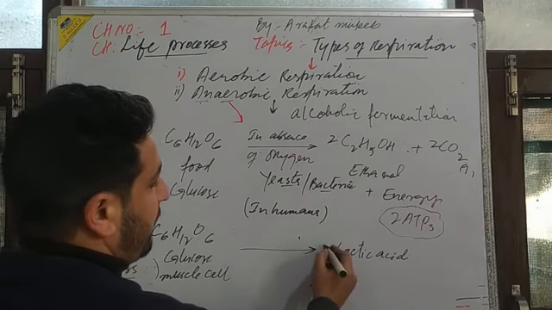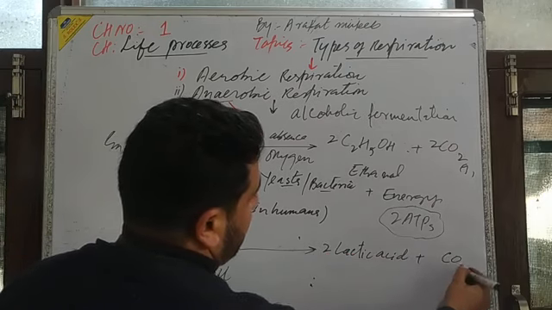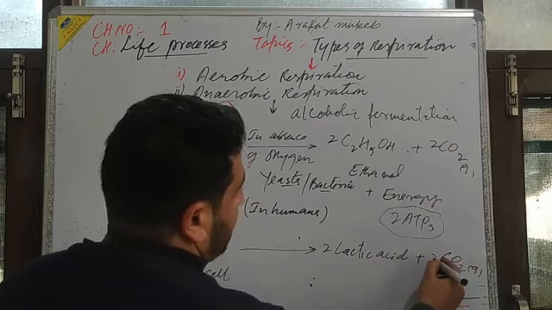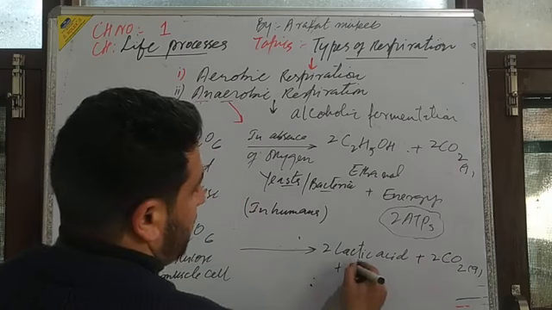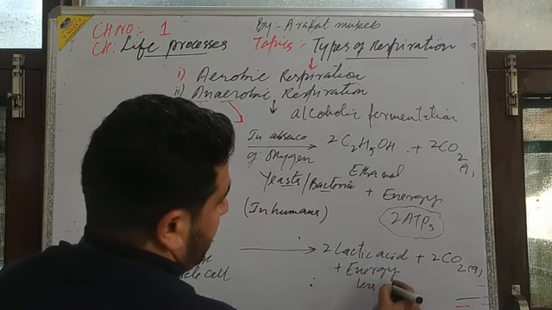Lactic acid वहाँ 2 times बनता है, plus there is a formation of also the carbon dioxide gas 2 times. Here a little amount of energy is released, less amount energy होती है.